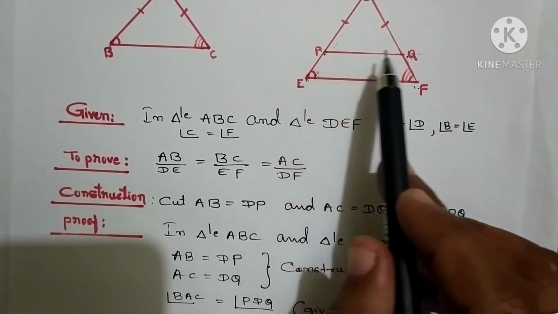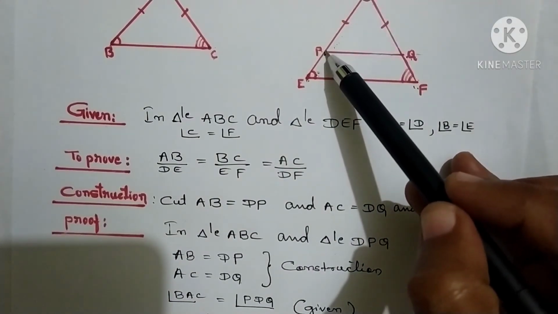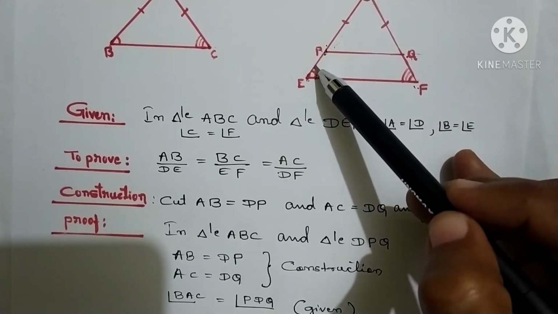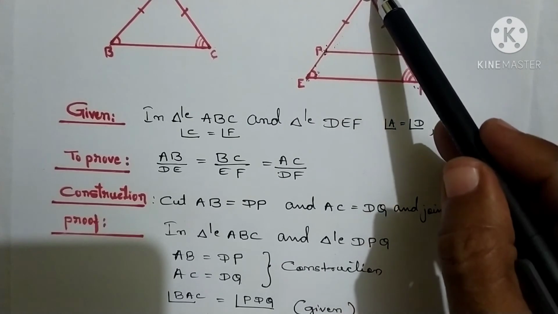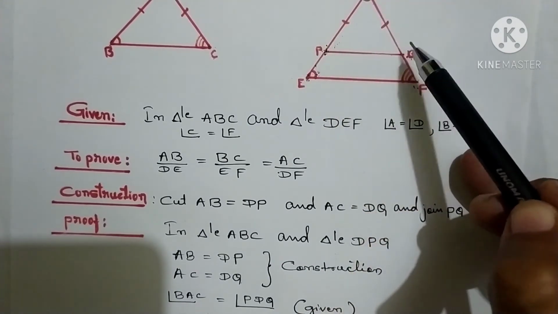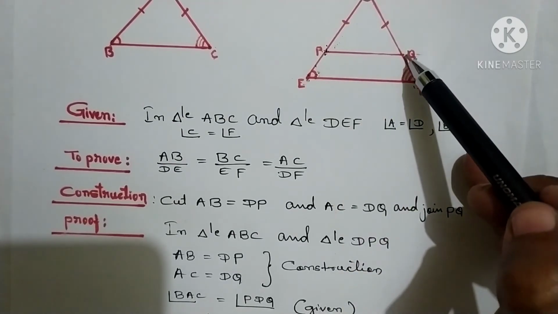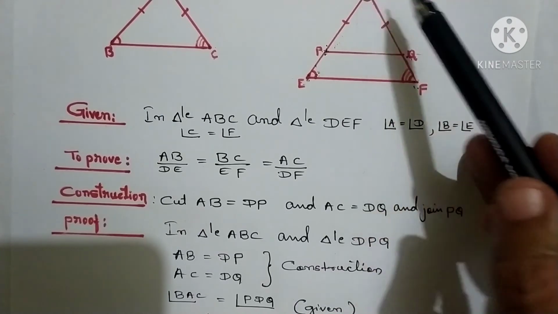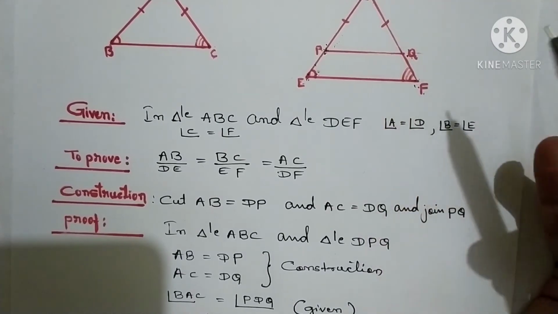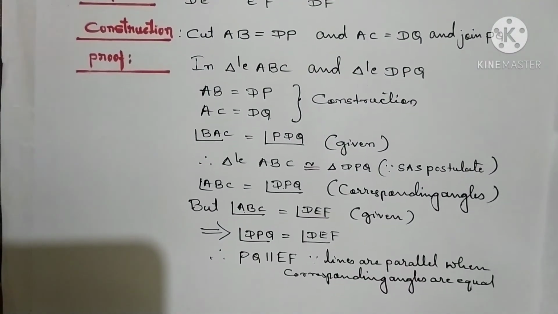When PQ is parallel to EF, which theorem do we take here? DP divided by DE, then PQ divided by EF, next QD divided by FD, according to the corollary of Thales theorem.